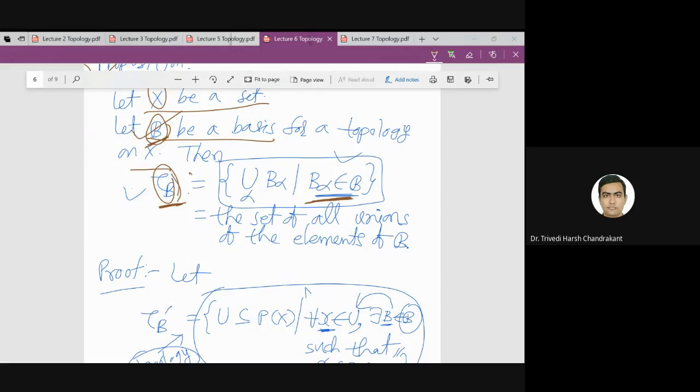So they are the elements of tau B. Now we have to check whether tau B is a topology or not. Tau B is defined using the given basis. So whether this new family tau B, which depends on B, satisfies the three axioms of the topology.